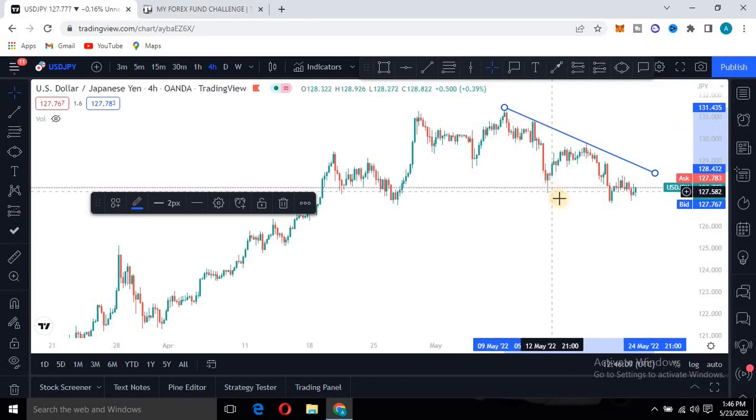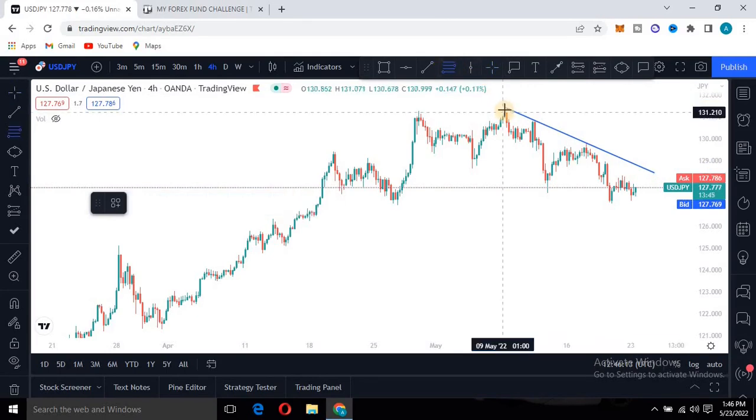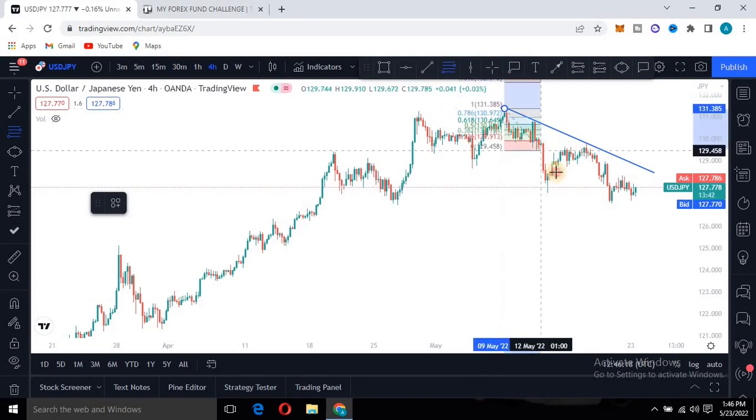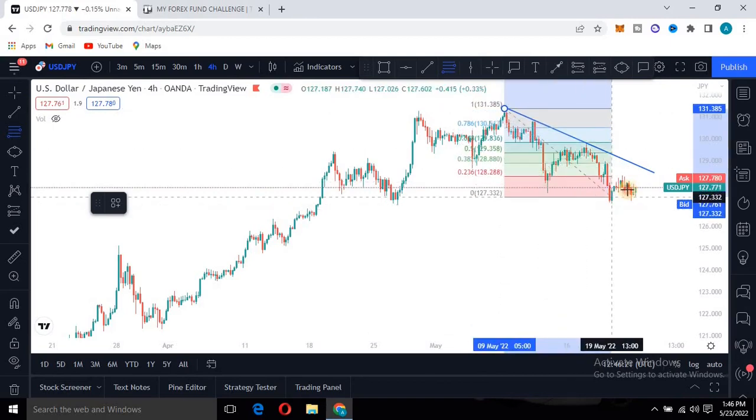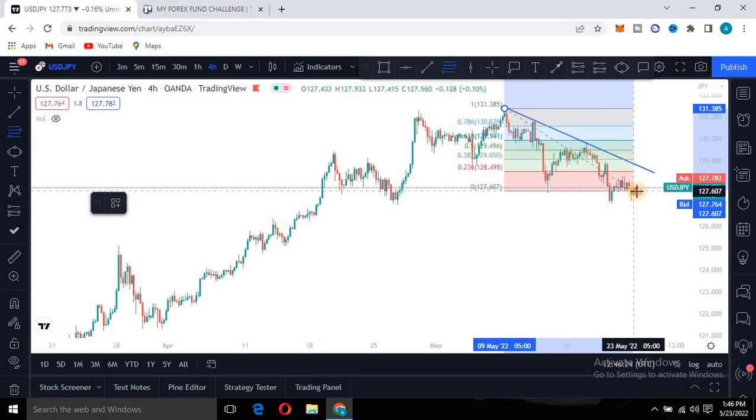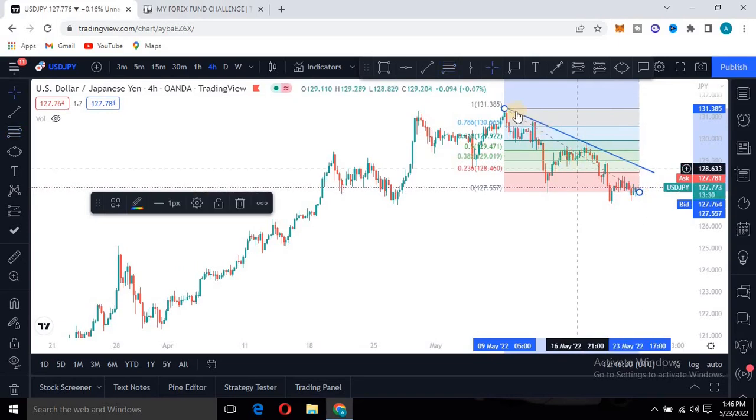Then what next? The next thing is to bring out your Fibonacci. You come here, you click here, tap it from up here where the market starts to head down, then drag it all the way up to this level where the market stops. If you take a look at it, the market starts from here and moves down to this level.